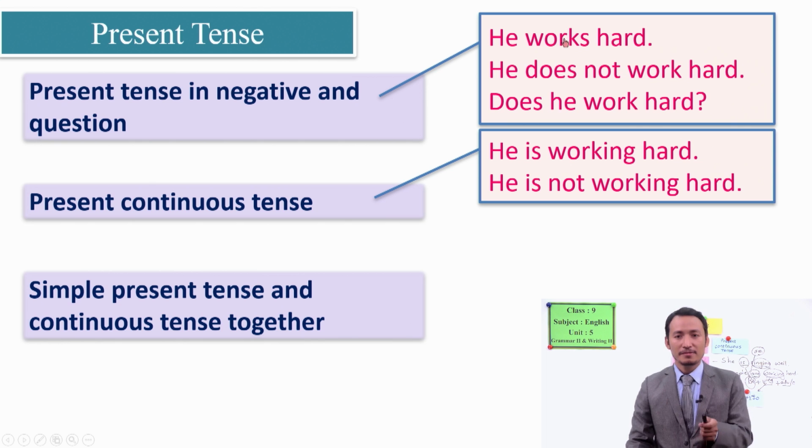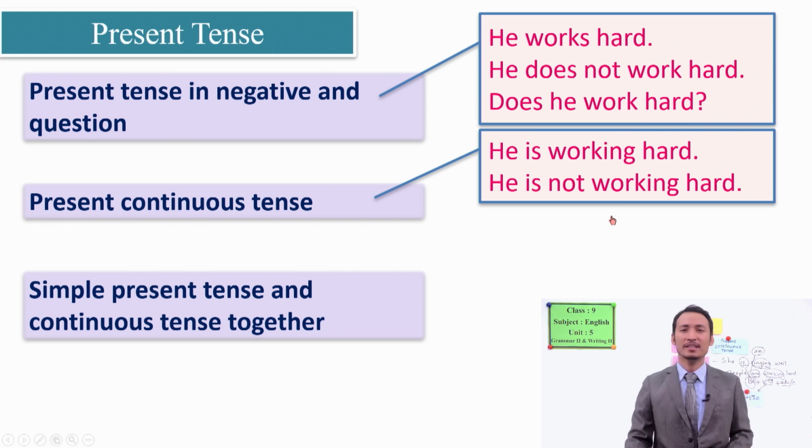In the simple present form, we don't have an auxiliary verb here. We have works hard, and you have to make it negative by adding does. But here, there is already a be verb, so you simply need to insert not here, and it's easily a negative sentence.